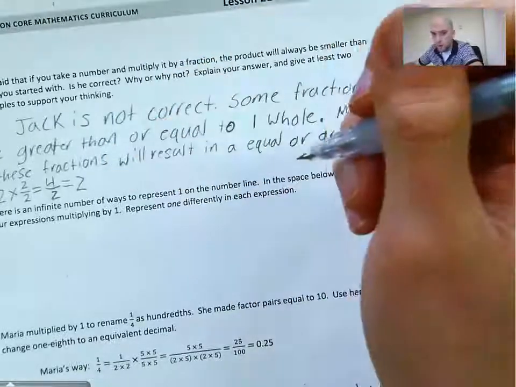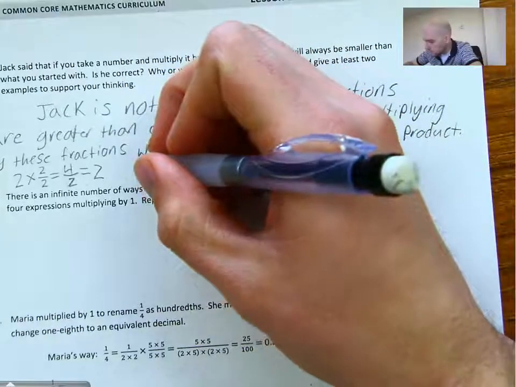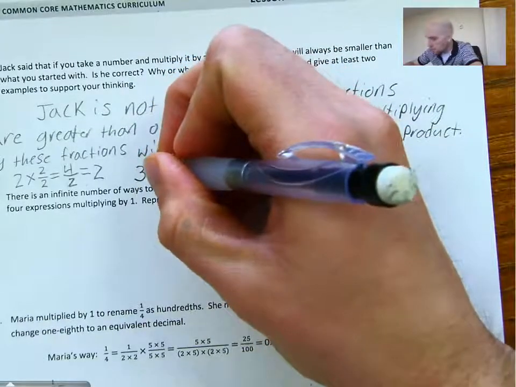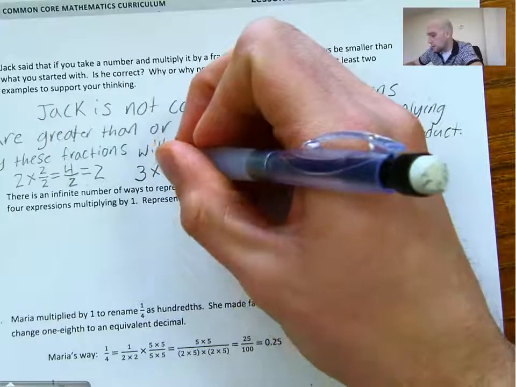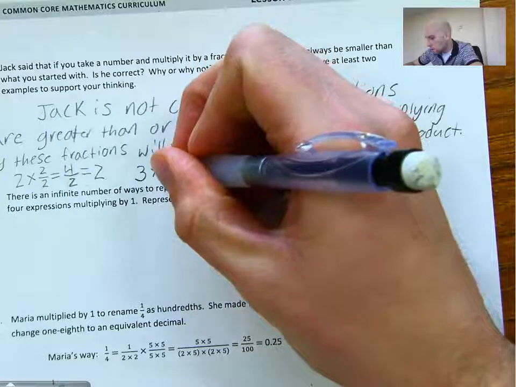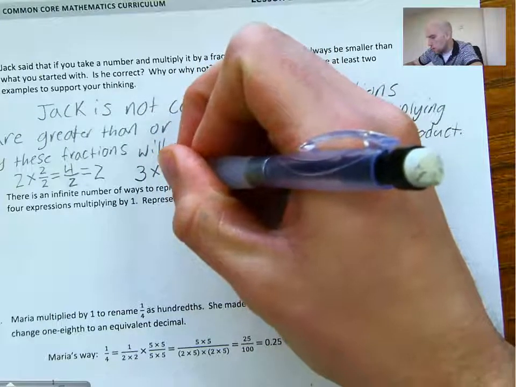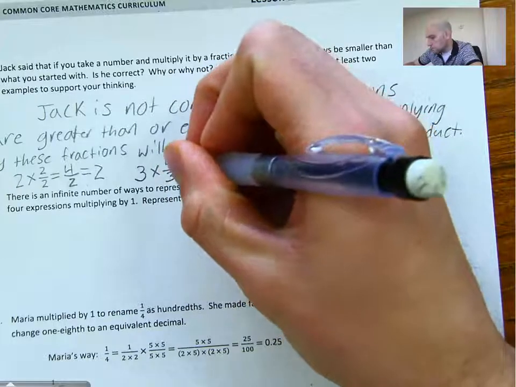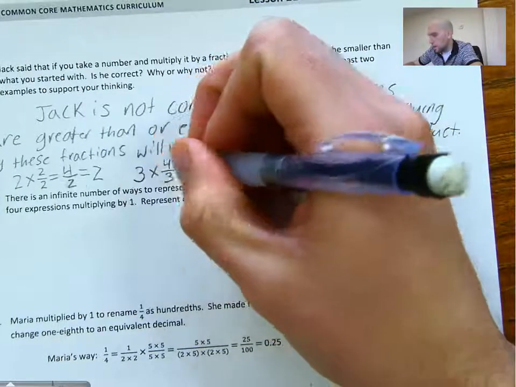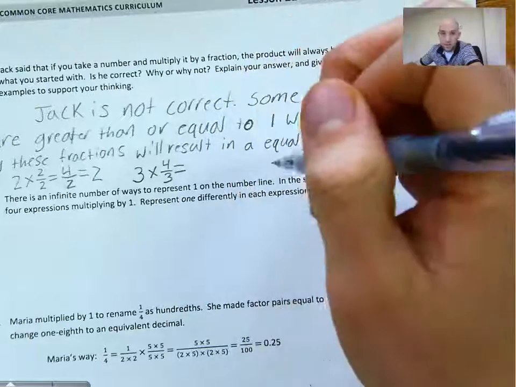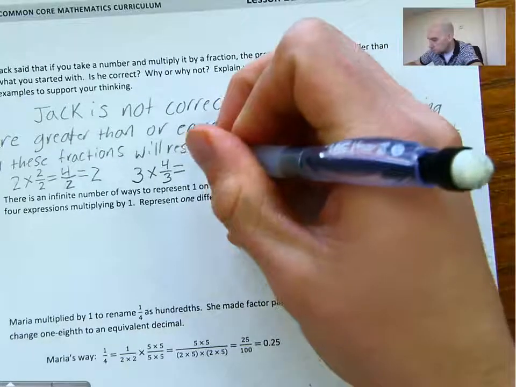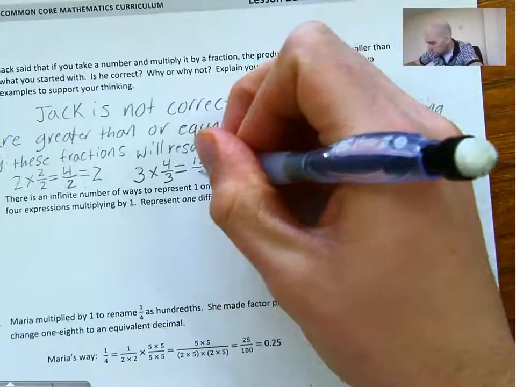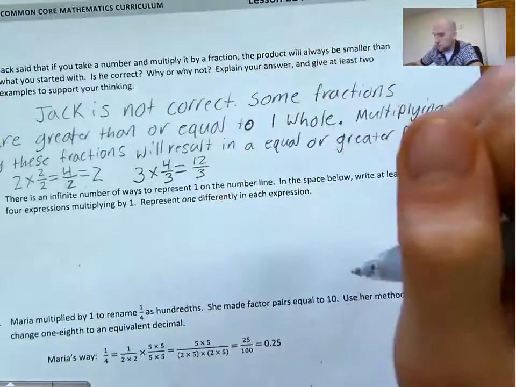Let's say we had 3, and we multiplied by 4 thirds. Well, 3 times 4 would give me 12, and my denominator would still be 3.